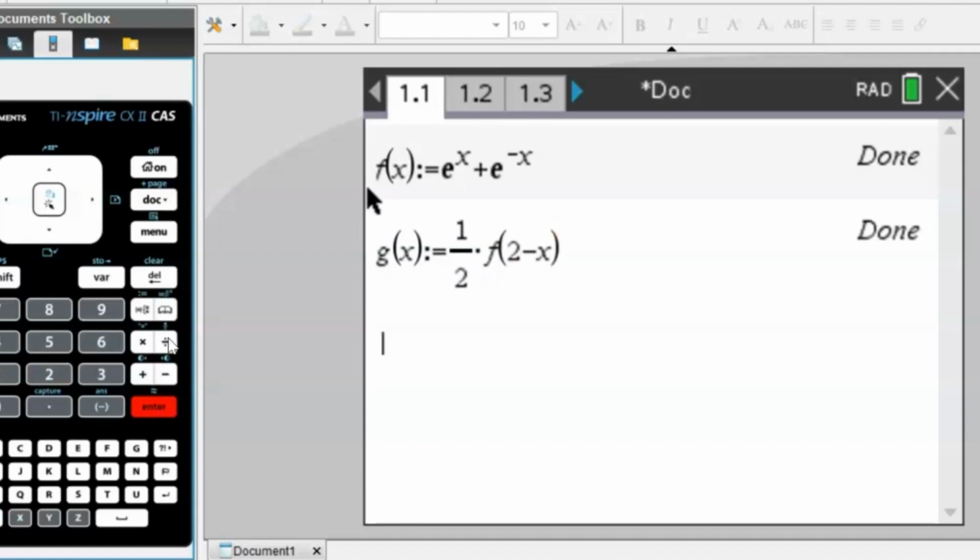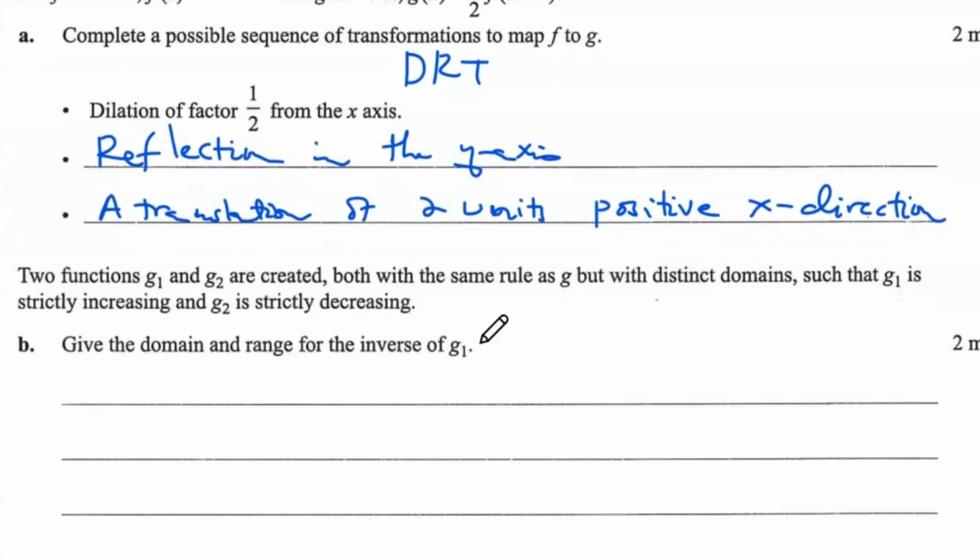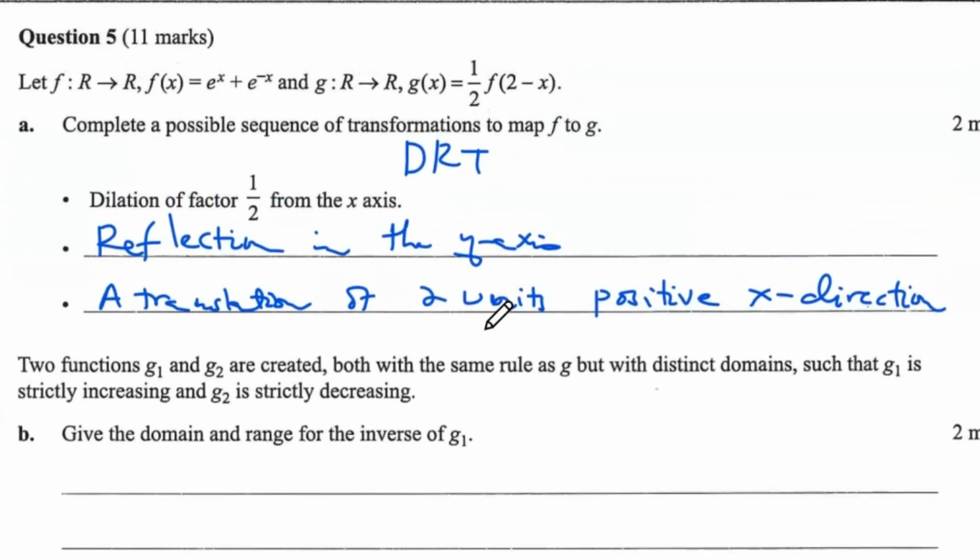All right, now we've defined that. What is the next thing we have to find out? Give the domain and the range of the inverse of g of x. So the inverse of g of x. Two functions are created with the same rule of g with distinct domains, such that g1 is strictly increasing, g2 is strictly decreasing. So if I get the turning point of g of x, what do I get?